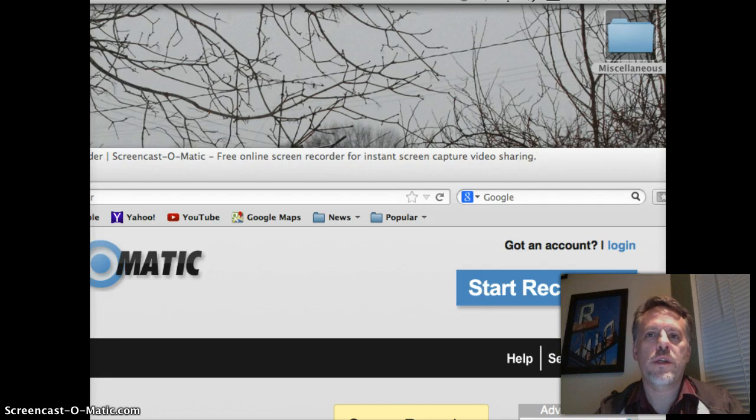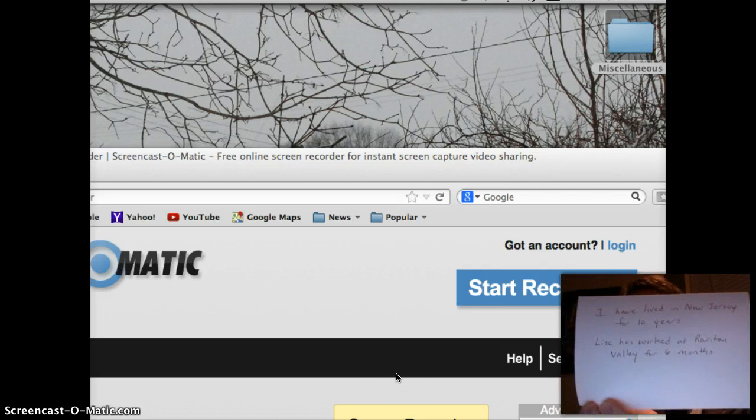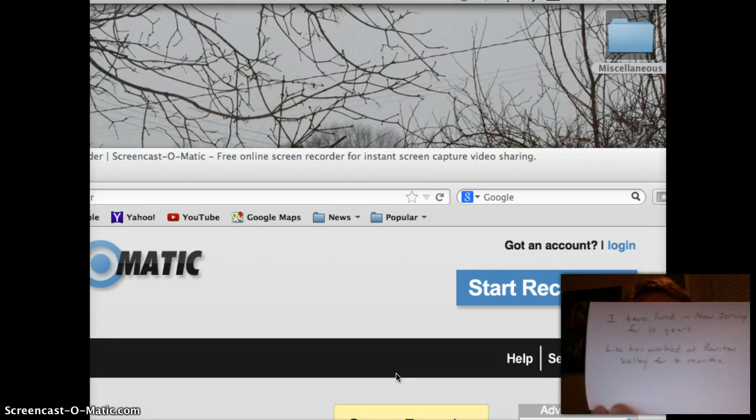She started working at Raritan Valley last fall or summer and still works there up until now. All right, so Lisa has worked, third person singular with has. So that's a couple of examples. So here's a card showing the two sentences that I read a moment ago.